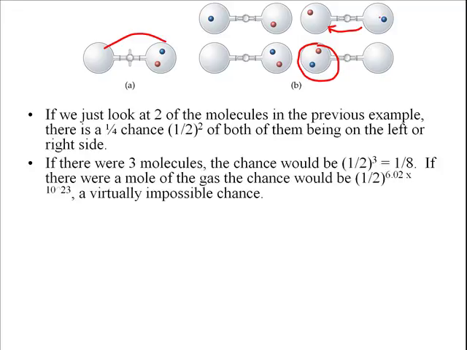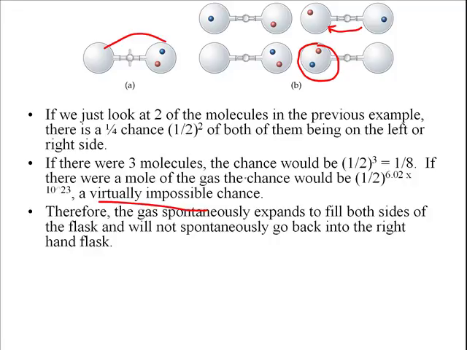If there were three molecules, then we would have 8 different combinations, or a 1/8 possibility of them all being on one side or the other. If there were a mole of the gas, you would have a 1/2 chance raised to the power of 6.02 times 10 to the 23rd, which is obviously an impossible chance of having them all on one side.